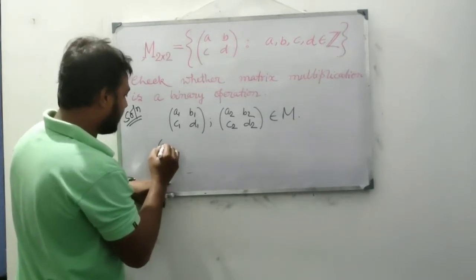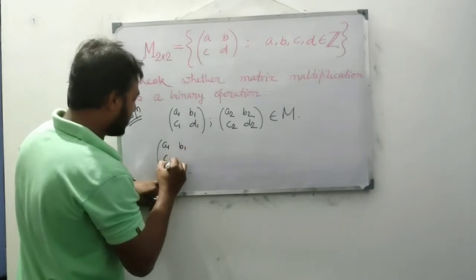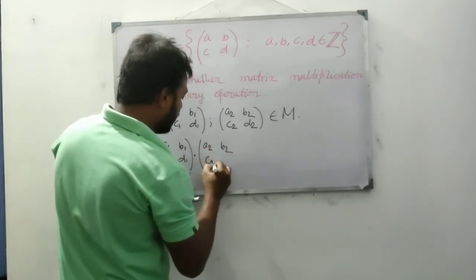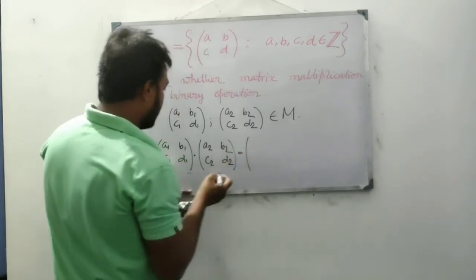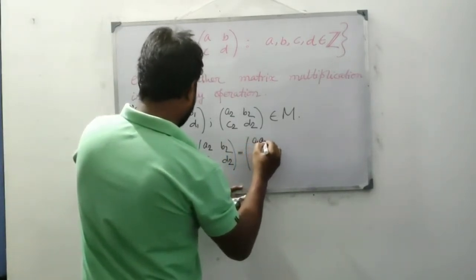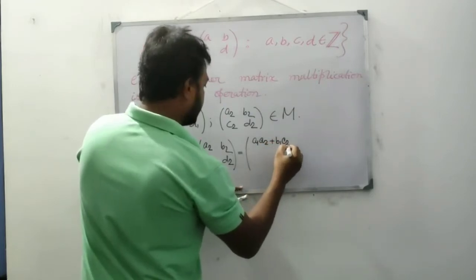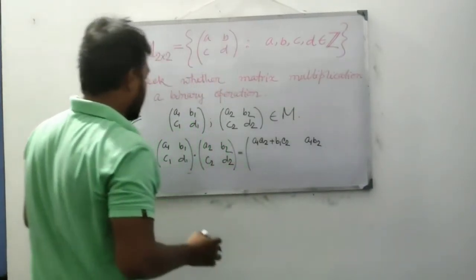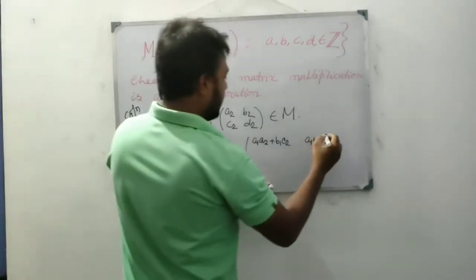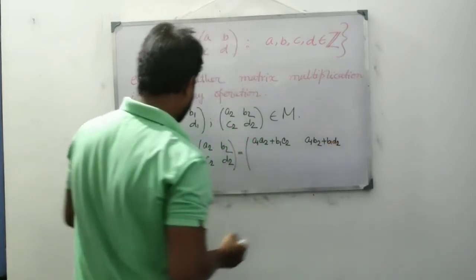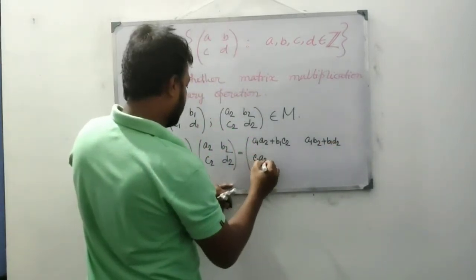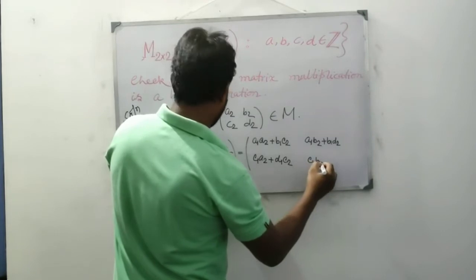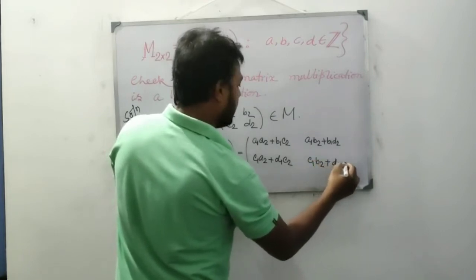If you multiply these two matrices, then we will get A1, B1, C1, D1 dot A2, B2, C2, D2 equals, if you multiply, then it will come A1 A2 plus B1 C2, A1 B2 plus B1 D2, C1 A2 plus D1 C2 and C1 B2 plus D1 D2.